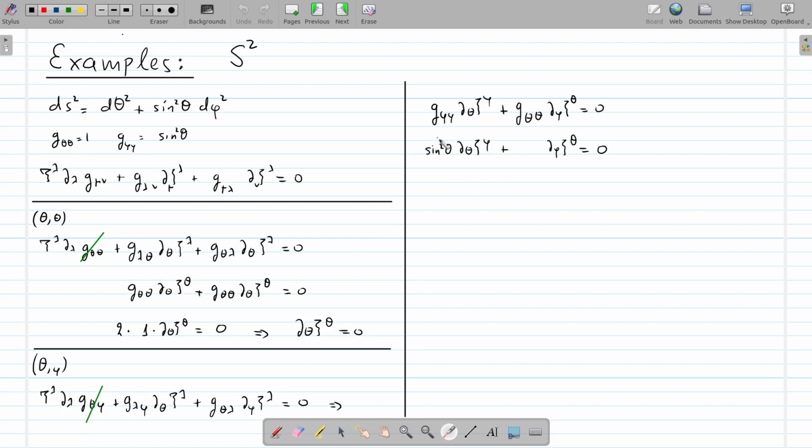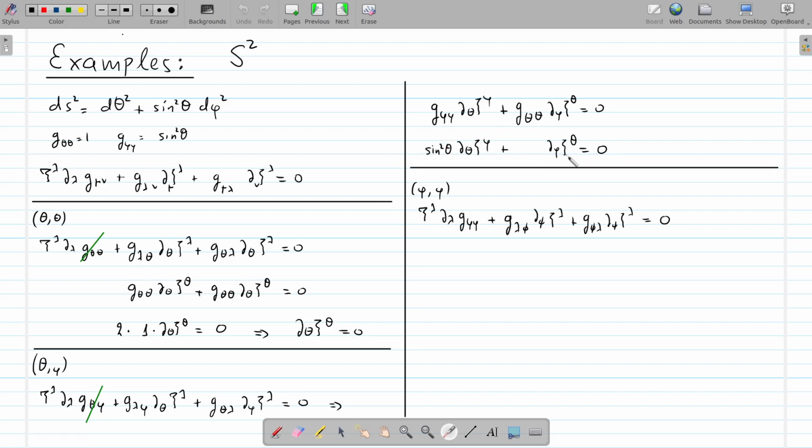So if we substitute the values of the components of g, we have this equation here for xi phi and xi theta. Finally, the phi phi component of the Killing equation will give us this equation here, and by collecting only non-zero terms, we have this equation here.